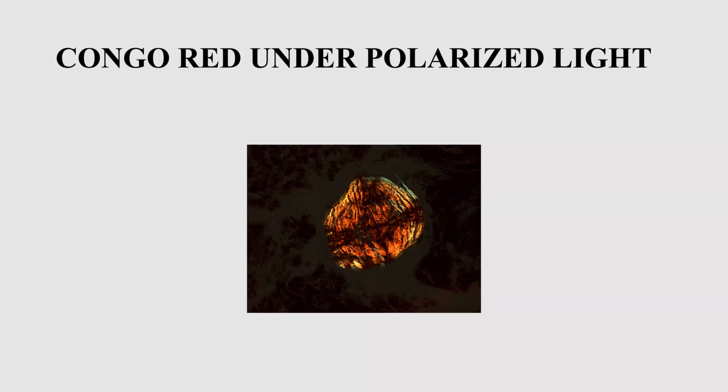It's probably not so clear and quite primitive, but we can see this cross structure form with this polarization of light in the amyloid structure, because amyloid has a beta sheet structure.